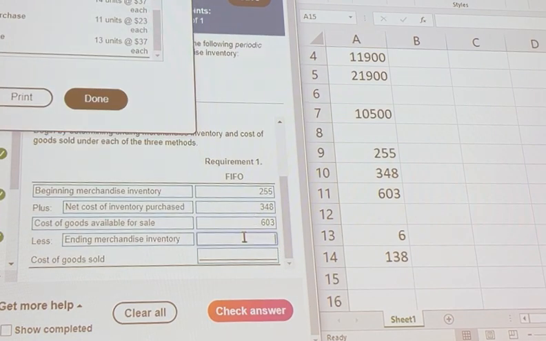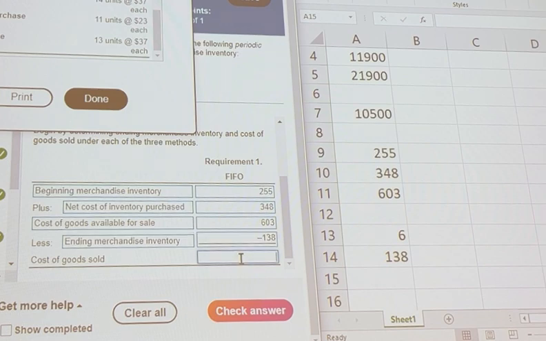And I'll enter it with a minus sign just to show that we're subtracting here. And then to do the subtraction, we end up with $465 as our cost of goods sold.